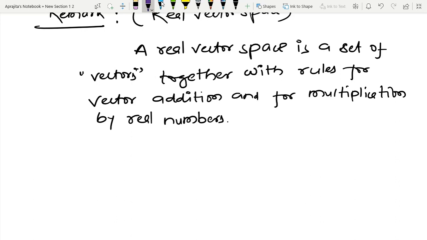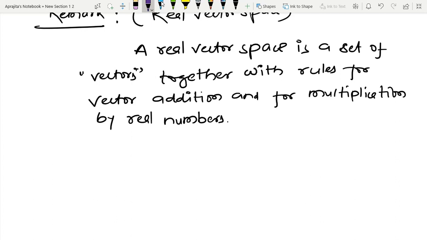Now I am going to take some more examples which are different from the vector space denoted by Rn.